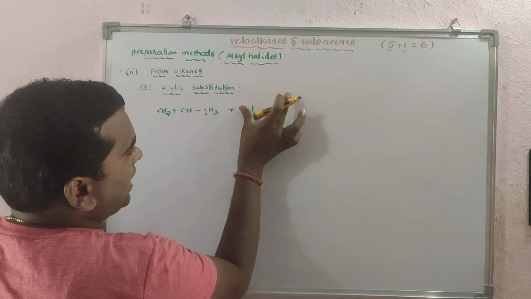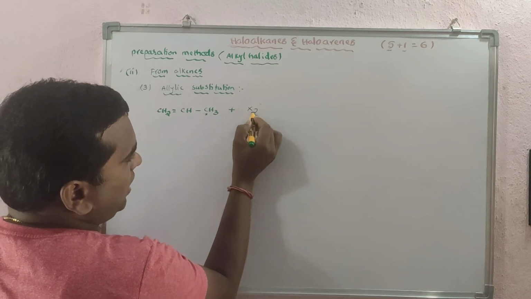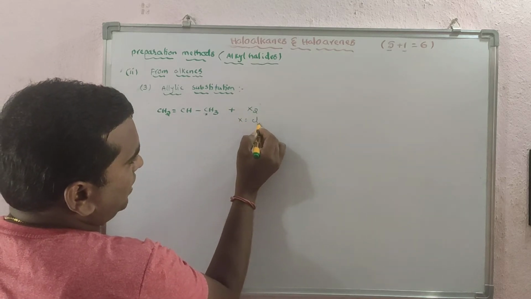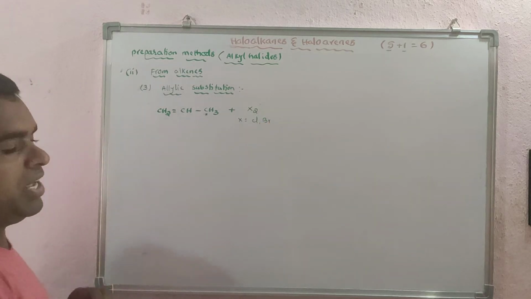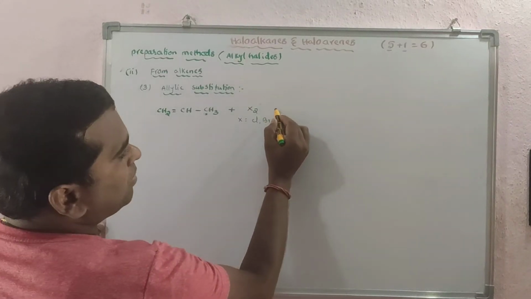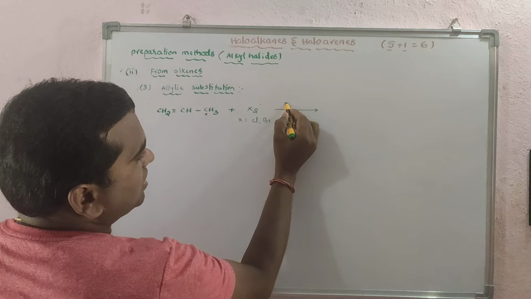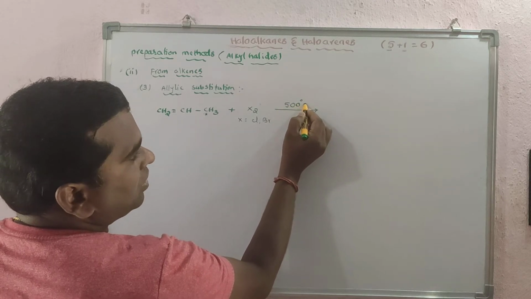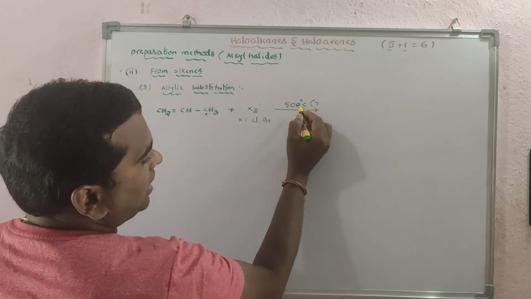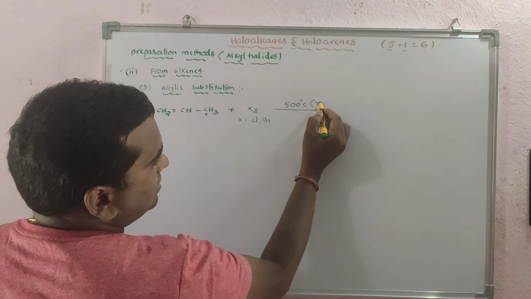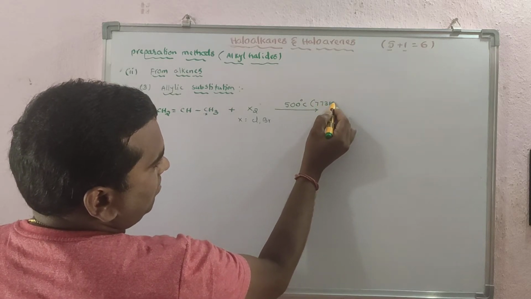Take the X2 here. I will write first example X2. X is equal to what? It can be chlorine or it can be bromine. And you have to maintain a very high temperature of about 500 degrees centigrade or 773 Kelvin.